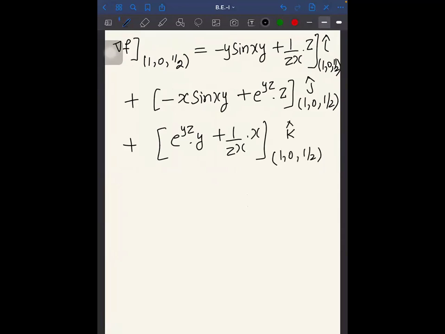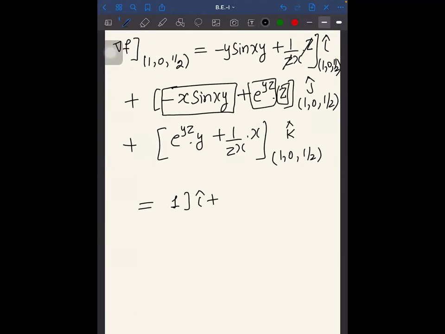So these z and z will get cancelled, and if you put 1 over here, you will get only 1, right? Because y is 0. So 1 times the i plus, and here again if you put y equal to 0, it becomes 0, and this becomes half.